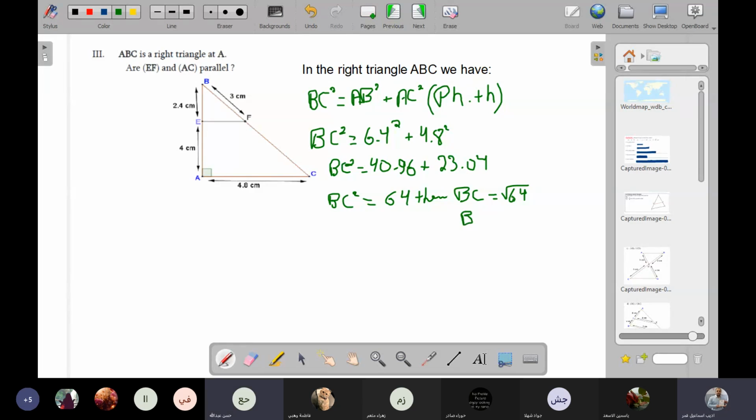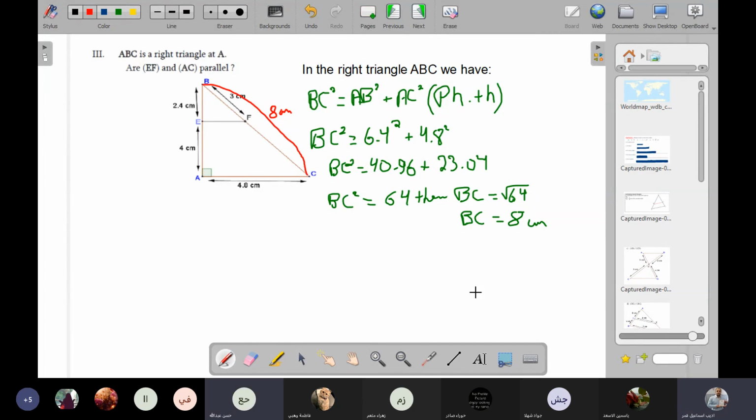BC equal 8. Now we calculated the measure of BC, which is 8 centimeters.